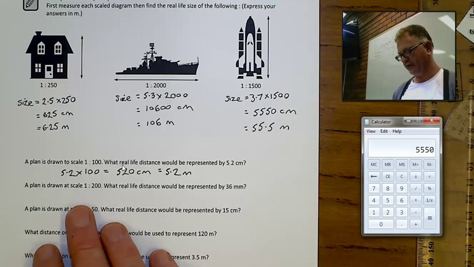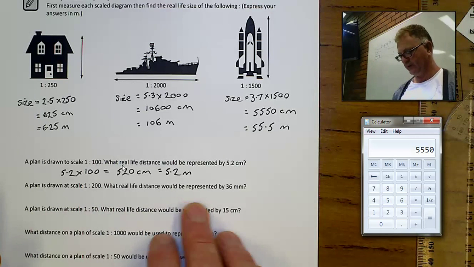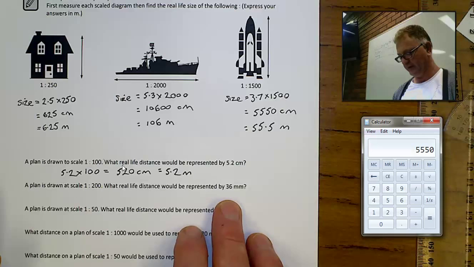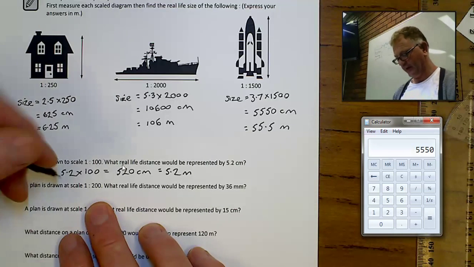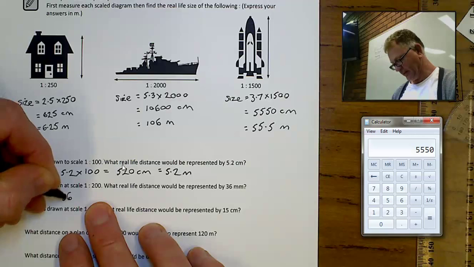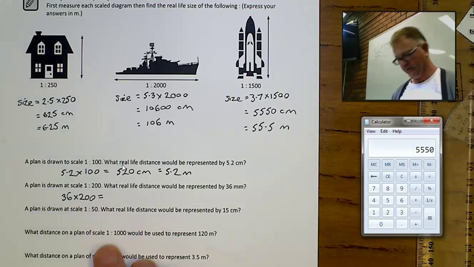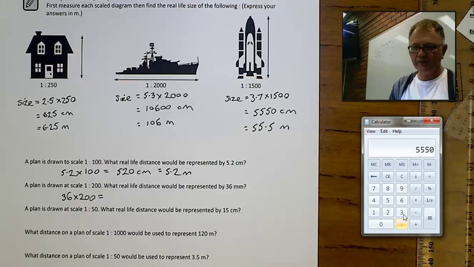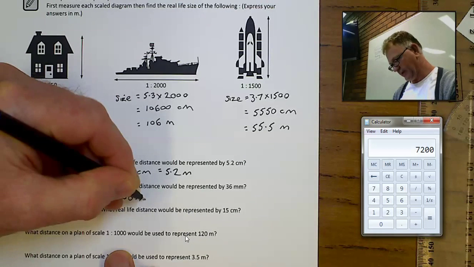The plan is drawn at scale 1 to 200. What real life distance will be represented by 36 millimetres on the plan? Everything is 200 times bigger, so it'll be 36 millimetres times 200 equals 7,200 millimetres.